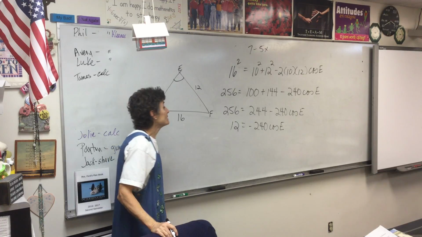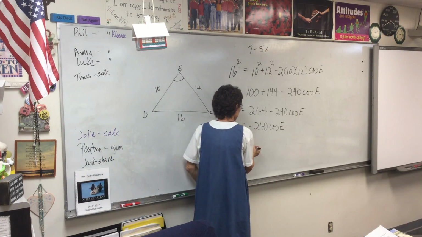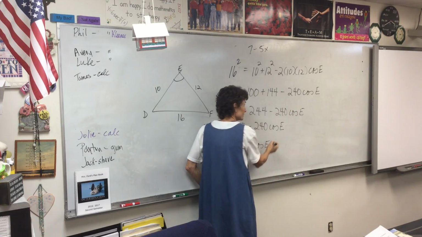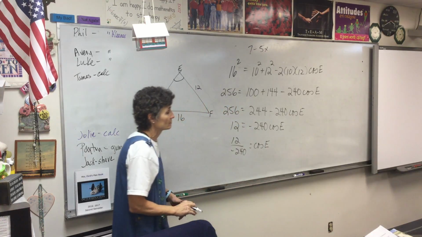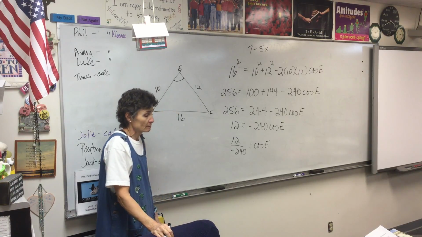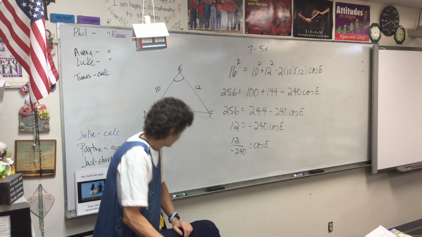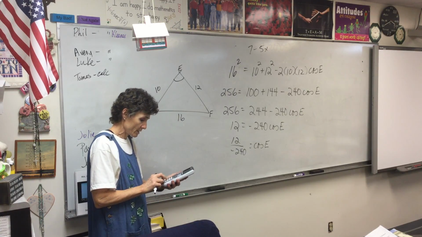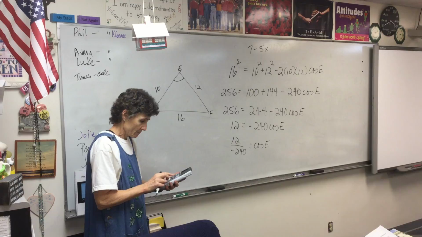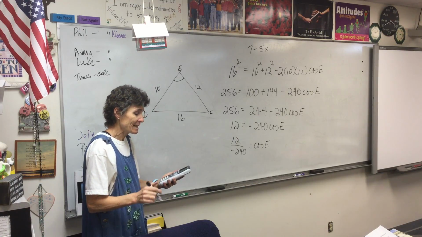I can divide by negative 240. So 12 over negative 240 equals cosine E. Now I can type that in on my calculator, but 12 over negative 240 is some crazy decimal.